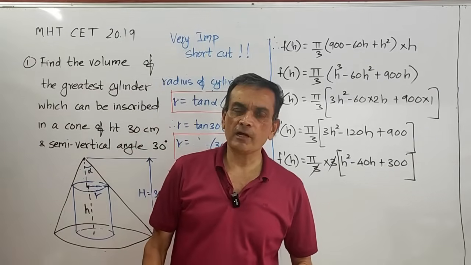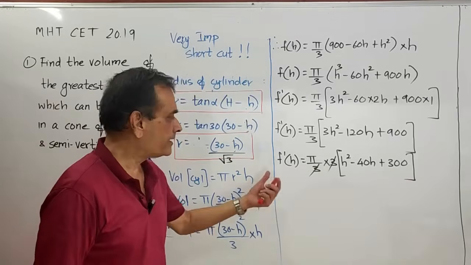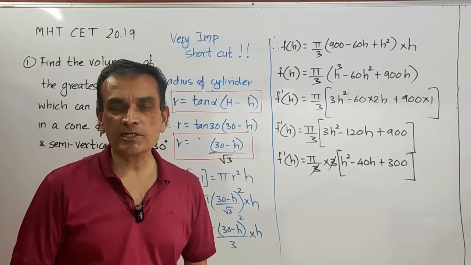Now to find the value after getting f dash x, what do you do? Usually we get f dash x for a maxima minima. But here f dash h has come, so after f dash h, what do we do? Put f dash h equal to 0.